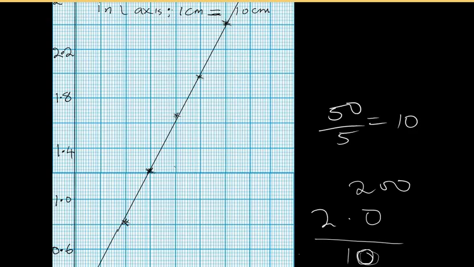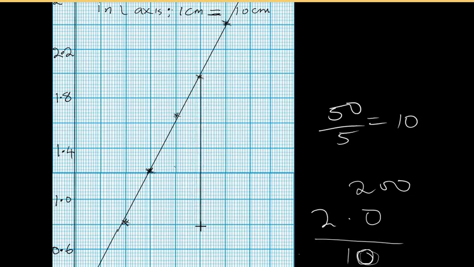I can just draw an imaginary line to indicate a change. Okay, here we go.